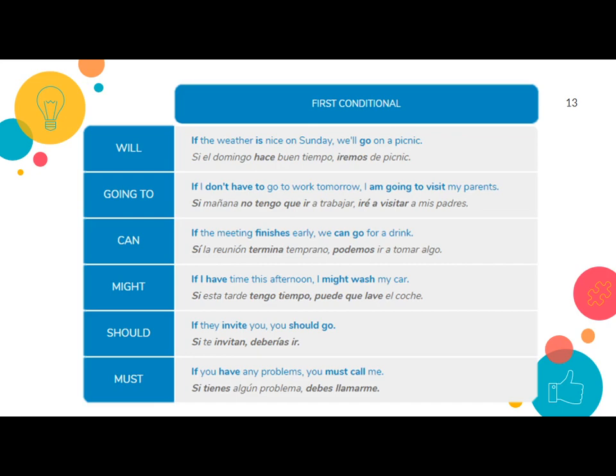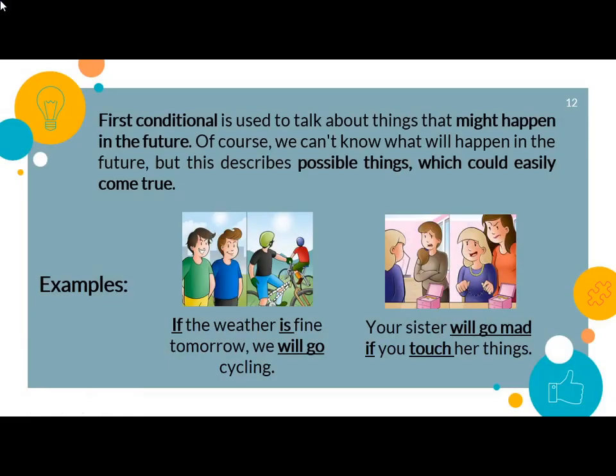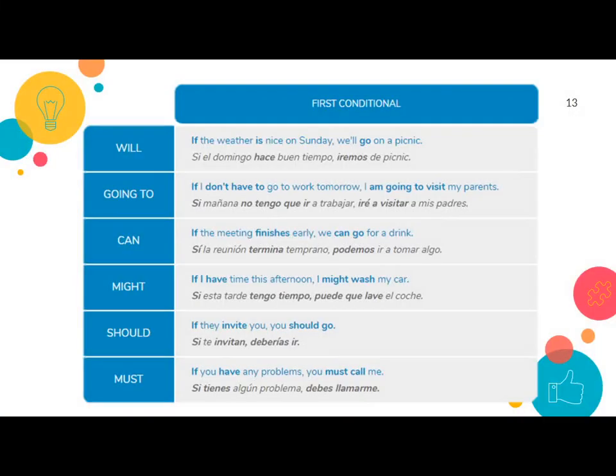In the case of the first conditional, as I told you, we can have simple present with the future form, but in the main clause we can have not only the use of will, but also some other uses. Take a look at the first one. If the weather is nice on Sunday, we'll go on a picnic.